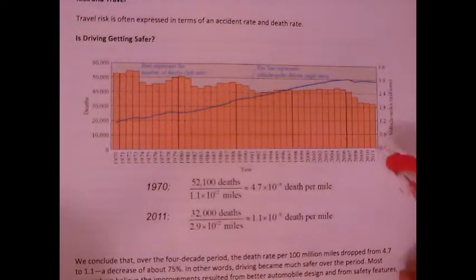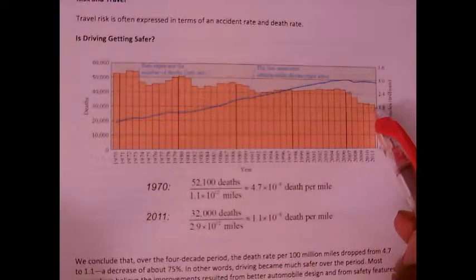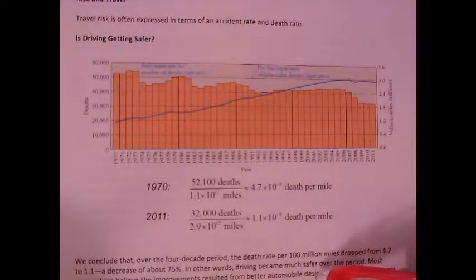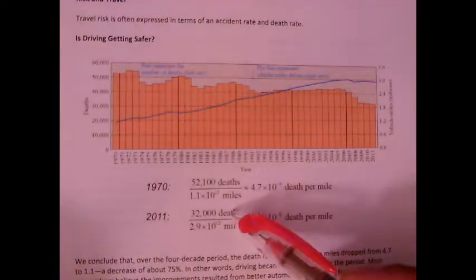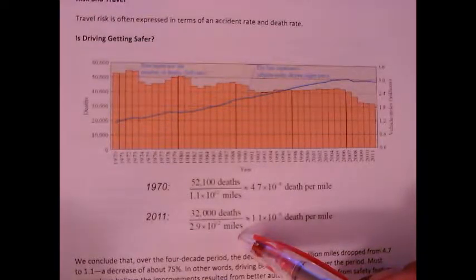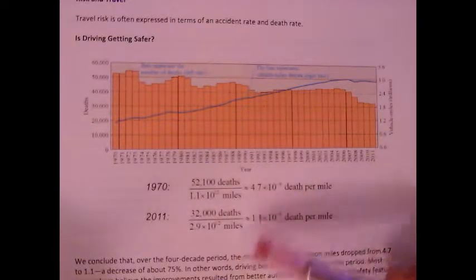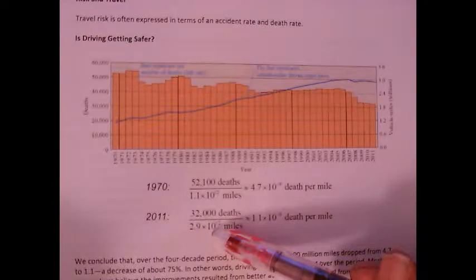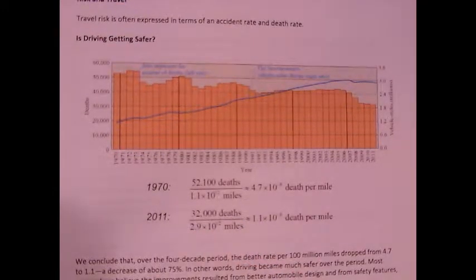And then in 2011, the number of deaths was 32,000, and in this case they used 2.9 times 10 to the 12 miles for 2011. If we do 32,000 divided by 2.9 times 10 to the 12th, we're going to get approximately 1.1 times 10 to the negative 8 deaths per mile.